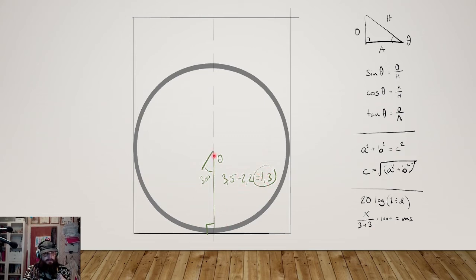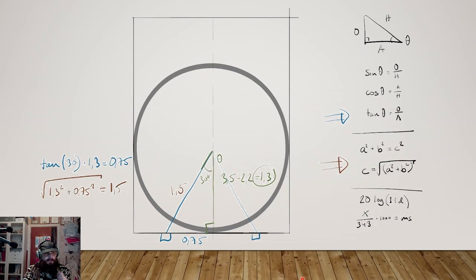So we know that the adjacent side is 1.3, and we know that the angle we want is 30 degrees. And bada bing, bada boom, trigonometry. Now we can use the tan function, and into a calculator we will plot tan 30 times 1.3 equals 0.75.